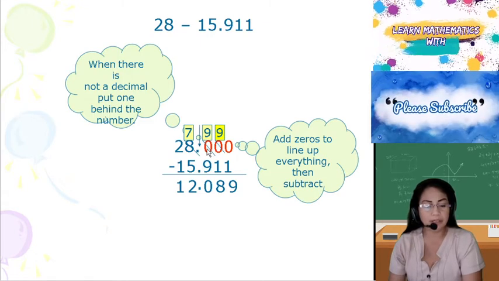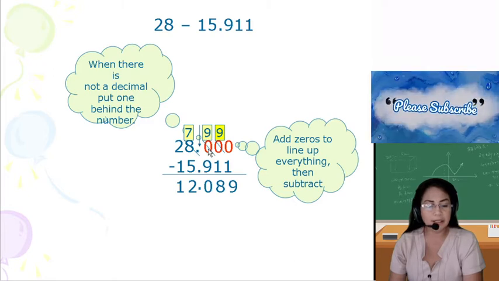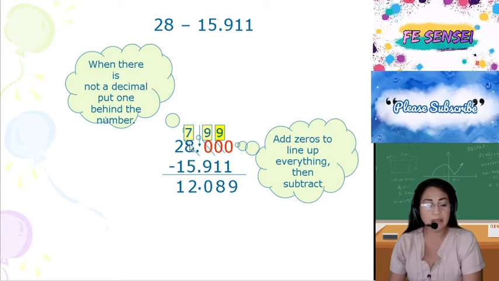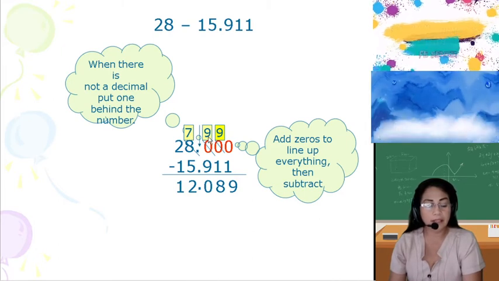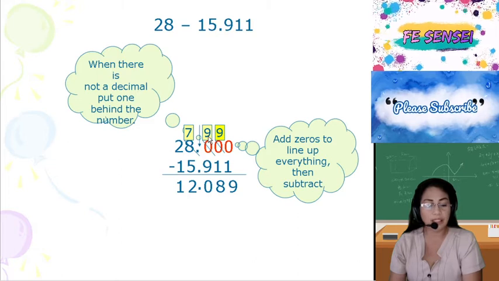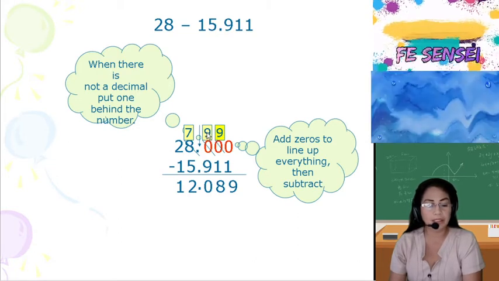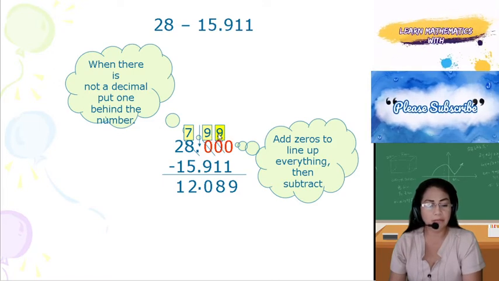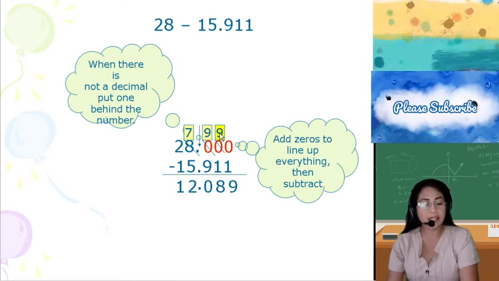So borrow on the tens place. But the tens place is 0, so you have to borrow in the ones place. 8 becomes 7. Then this is 9. Why 9? Supposedly this is 10. But the hundredths place borrowed 1, so this is 9. So the hundredths place is also 9 because the thousandths place borrowed from the hundredths place.